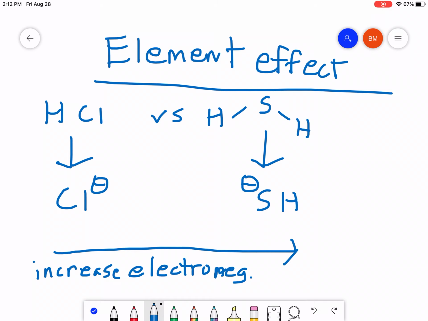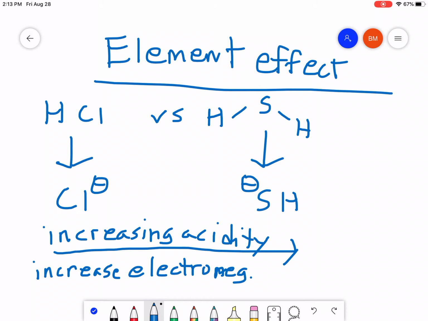For that reason, we can also say as you go from left to right, atoms have increasing acidity. And that makes sense if you look at these two. If you look at Cl and S, you'll find that they're in the same row on the periodic table. Cl is just one to the right of S. It goes S and then Cl, left to right.